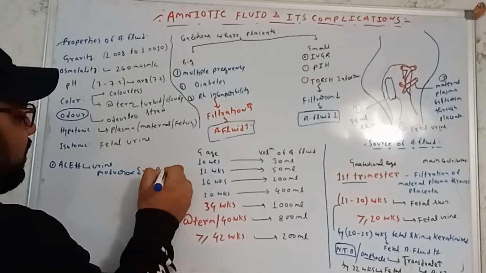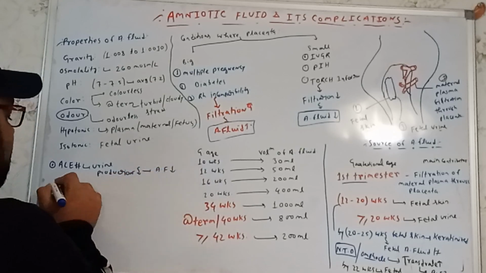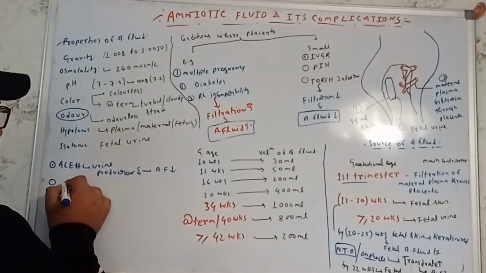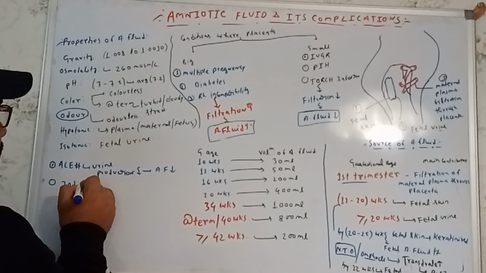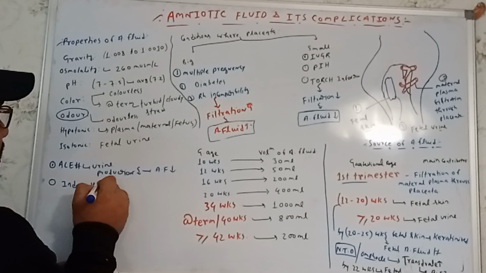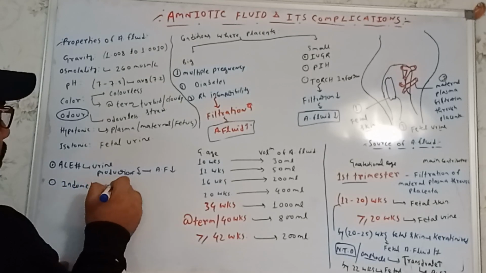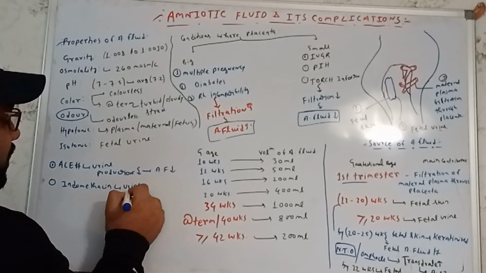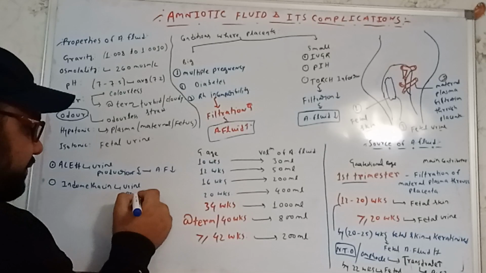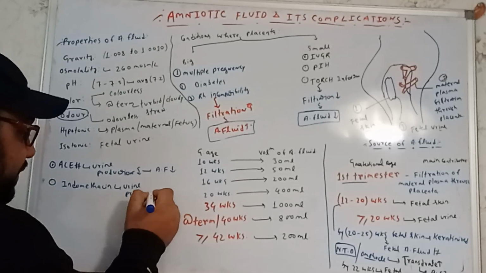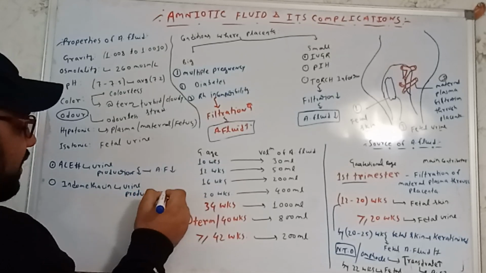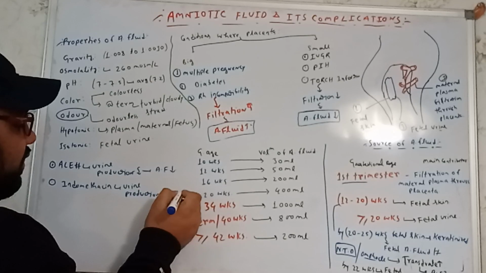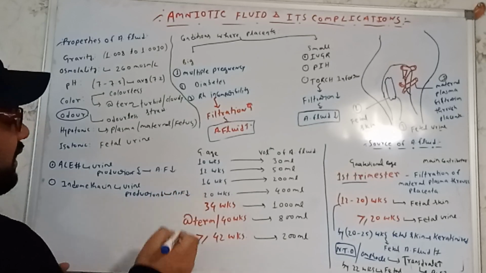Ultimately, the amniotic fluid will also be less. Or any individual who is under indomethacin, the same mechanism, urine production will also be less. So ultimately the volume of the amniotic fluid will also be less over here.